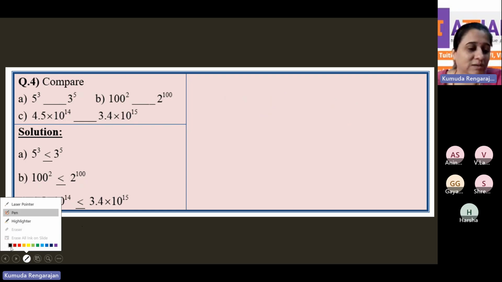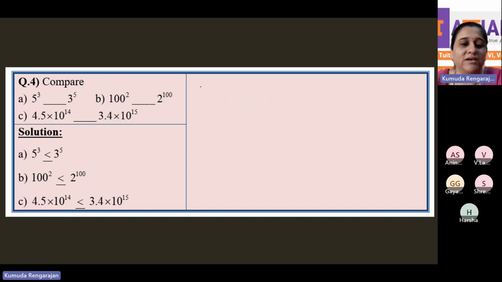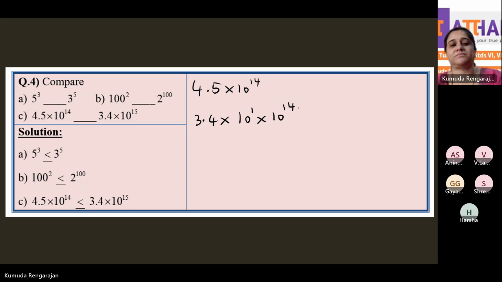Here we have 10, right? Bring it to the same power in both. So 4.5 into 10 to the power 14, let this be as it is. 3.4 into 10 to the power 15 can be written as 10 to the power 1 into 10 to the power 14. Now we have come a long way down in exponents, so you should understand this.